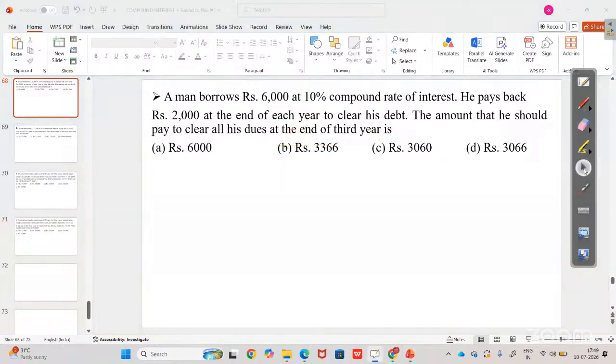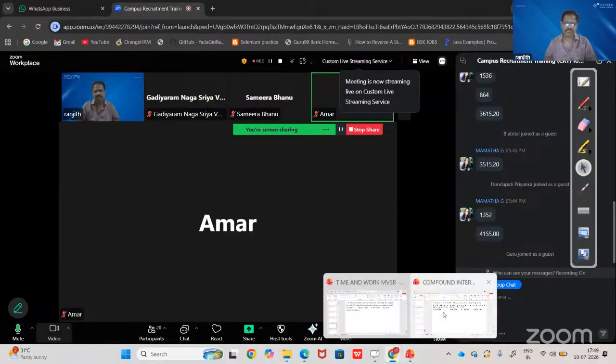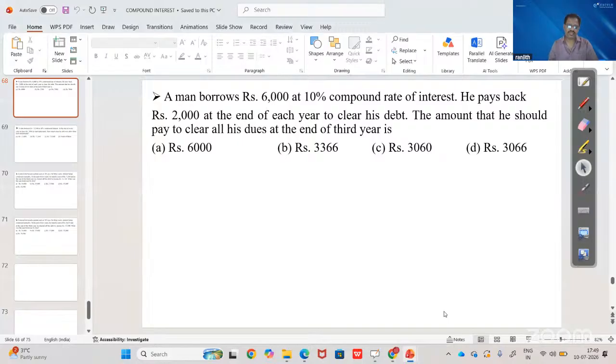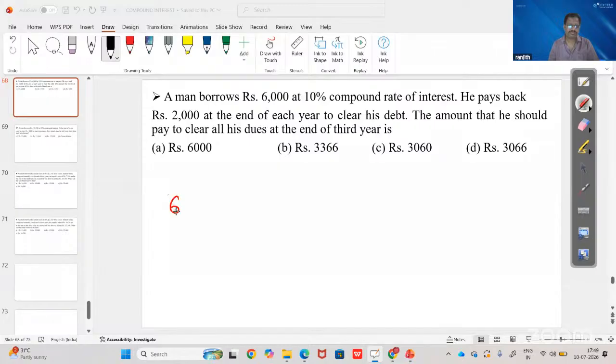So what is the answer here? A man borrows 6,000 rupees at 10 percent per annum. So 6,000 at 10 percent per annum will be equal to 600. Initially 6,000, 10 percent, 600, and he is paying 2,000.